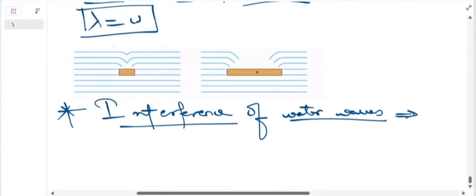And if there are two waves in the opposite direction, there will be destructive interference. And if their waves are of the same amplitude, then they will cancel out, and the displacement wave will be zero. I'm not sure of the water wave, but the displacement will be zero if they are equal.